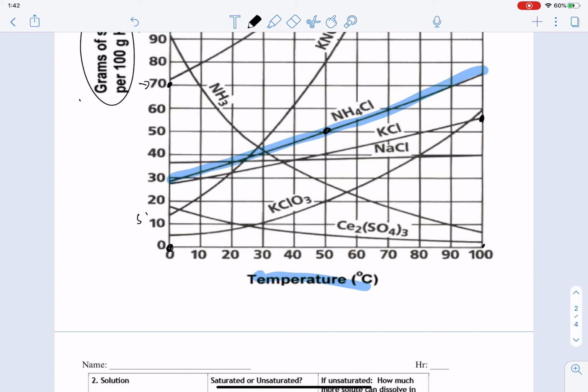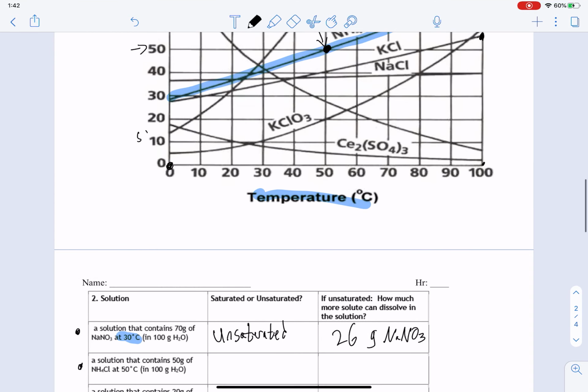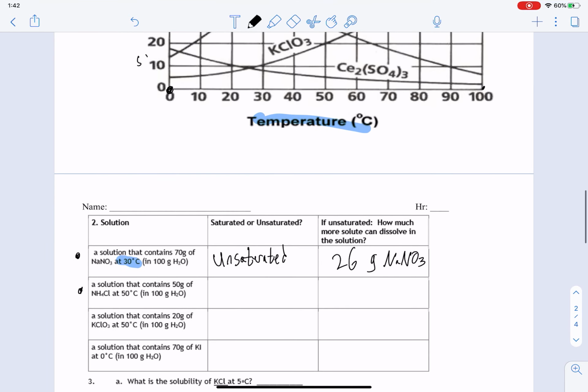So at 50 degrees Celsius, we are looking at 50 grams, okay? And here we have 50 grams. They just put in 50 grams. So that's exactly what our solubility is for this solute. So this is saturated. And so since it's not unsaturated, we don't need to answer that second column.